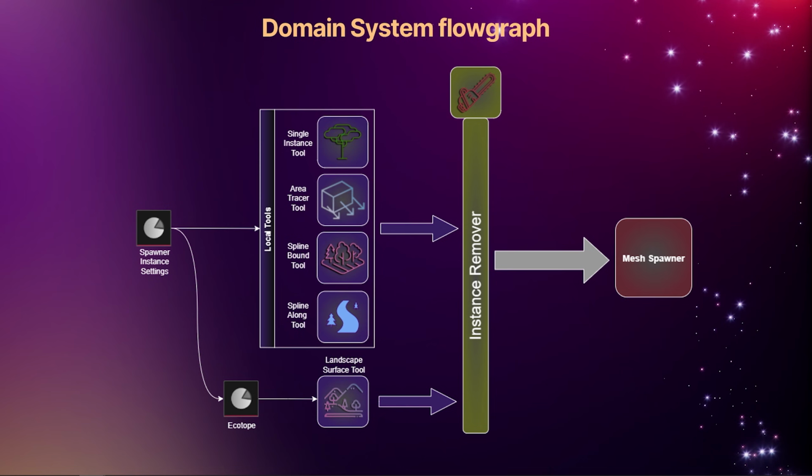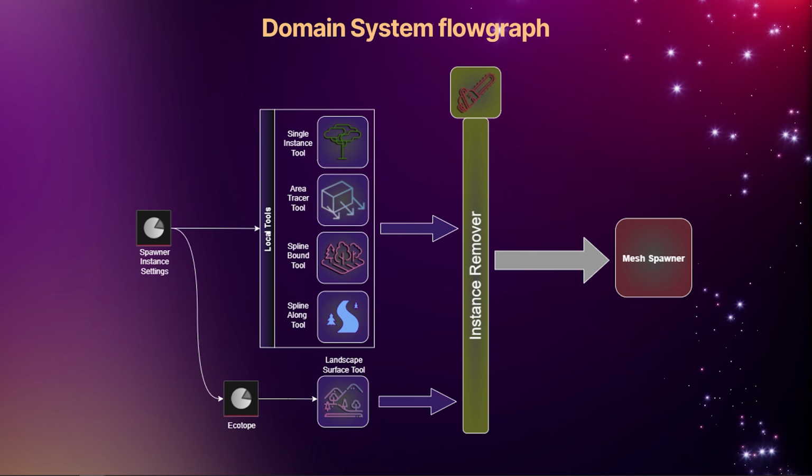So this is an overview of the domain system in general. To the left of the yellow line are the tools, 4 of them being quote-unquote local tools, and 1 of them being a kind of a global tool because it works on a much larger scale, potentially.